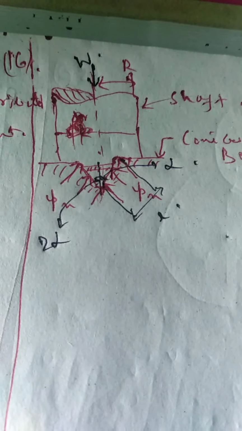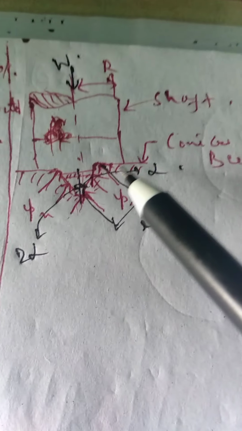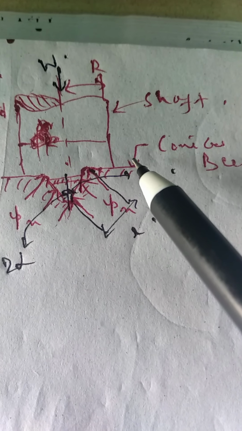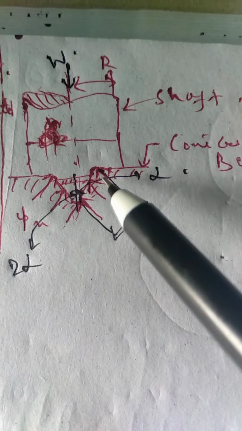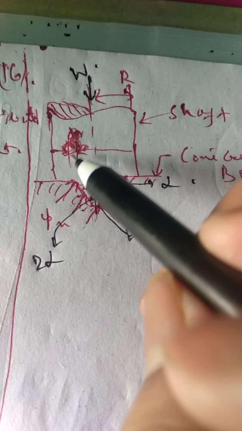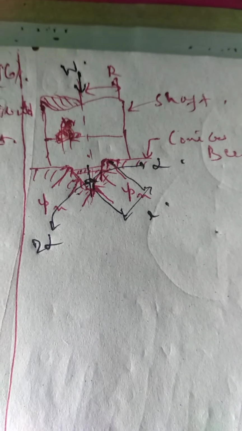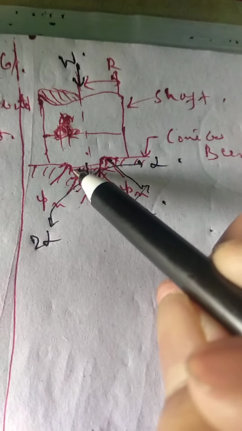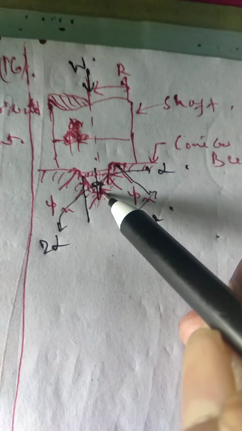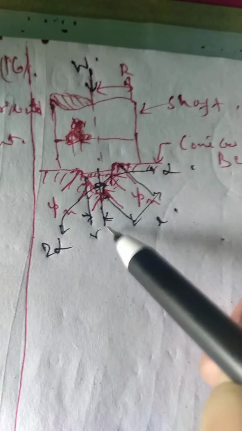Now you have to consider a small ring of radius r and thickness dr. This distance is dr. So for this ring, this distance is r.